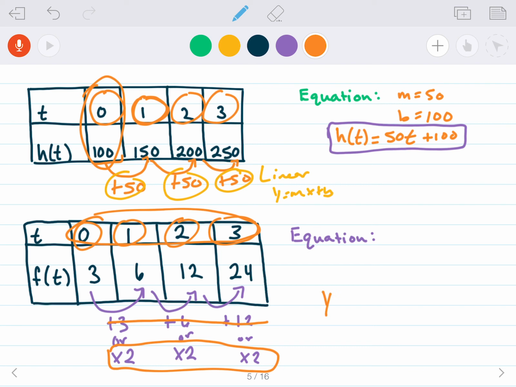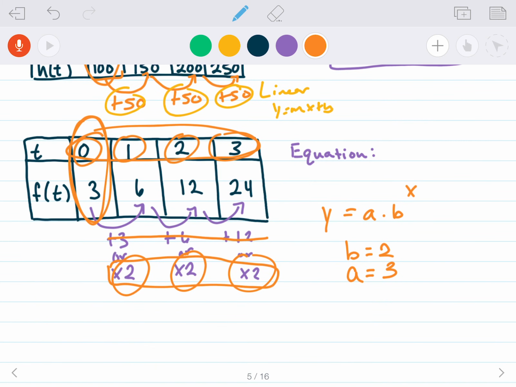So in our equation, y equals a times b to the x, remember b is going to be that constant multiplier, which is 2. So b is 2, that's our base, and a is our initial value, or our y-intercept, which in this case, when t is 0, f of t is 3. So that's our a.